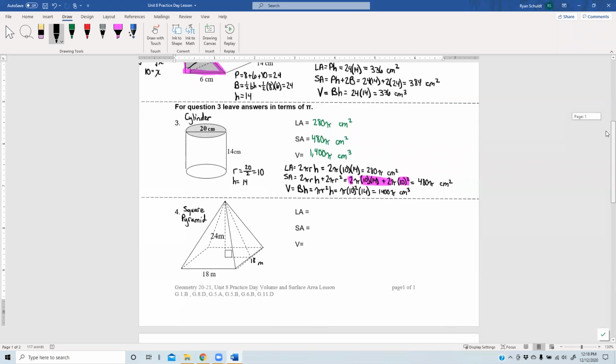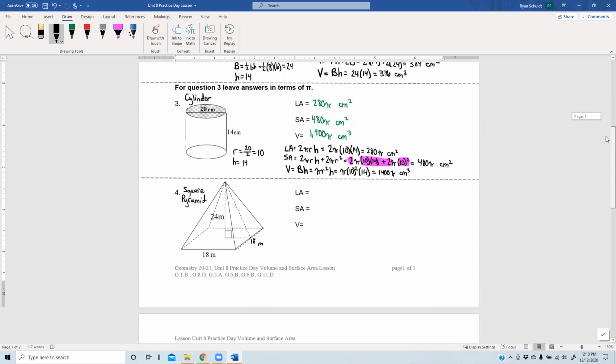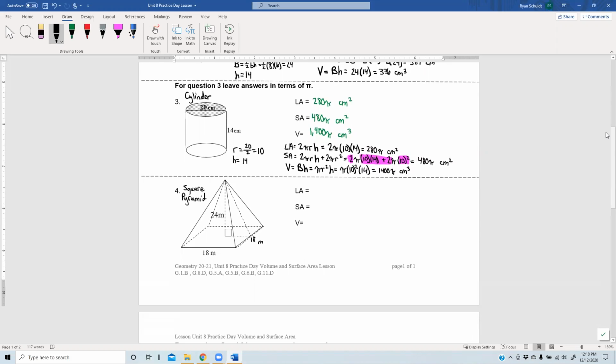Okay, for a square pyramid, one thing we need is perimeter. It's one of our important pieces. So for perimeter, it's a square, which means you can do 4 times 18. So 4 times 18 is 72. Then we need the area of the base.